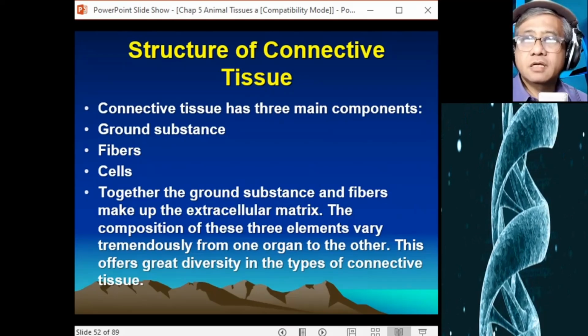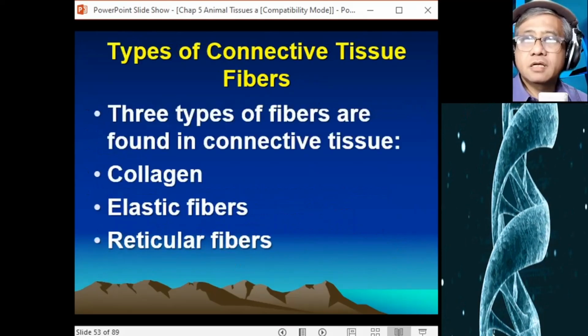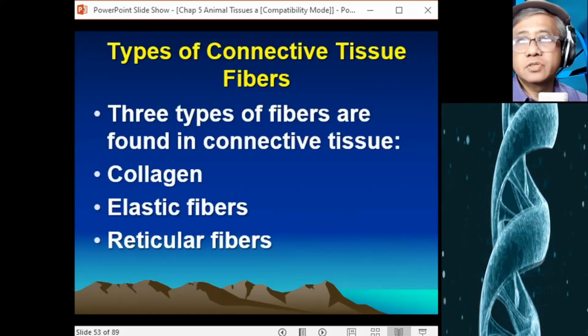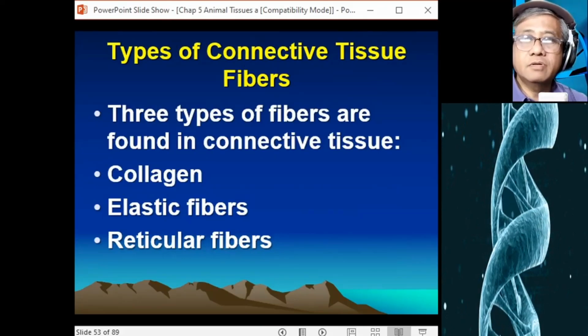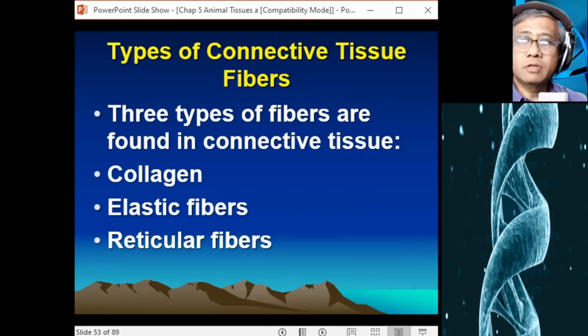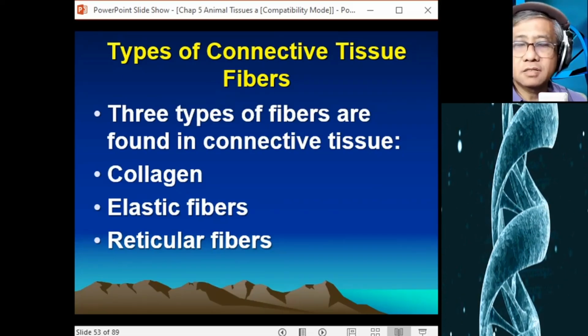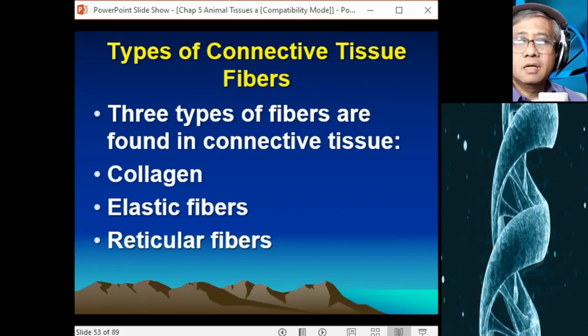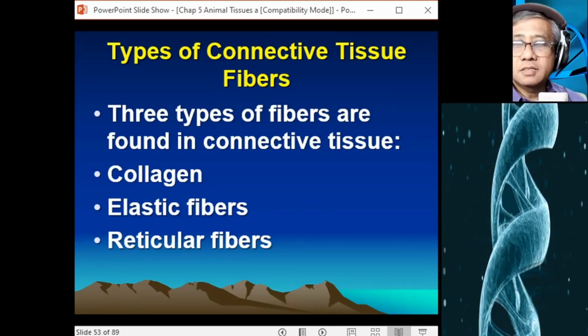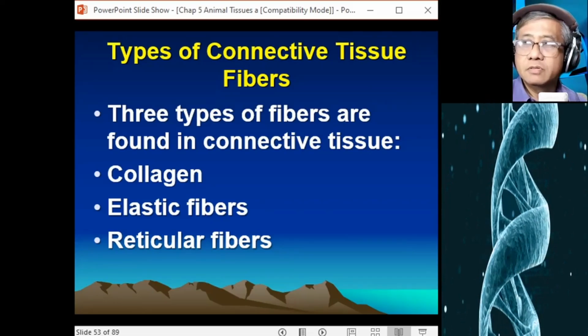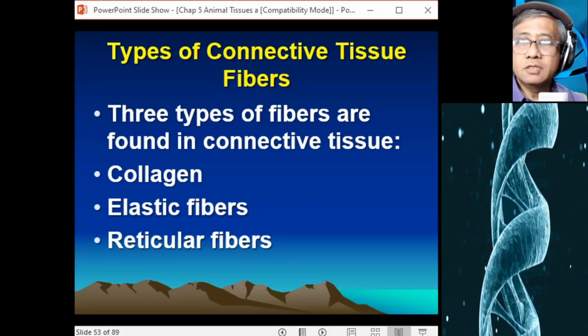Okay, so let's take a look at the types of connective tissue fibers. So there are three types of fibers that are found in connective tissue. So we have collagen, yan, i-describe natin silang tatlo: collagen, elastic fibers, and reticular fibers. So what is collagen?